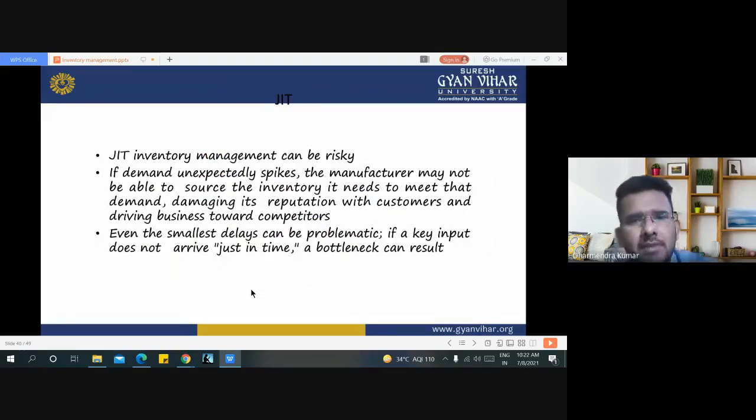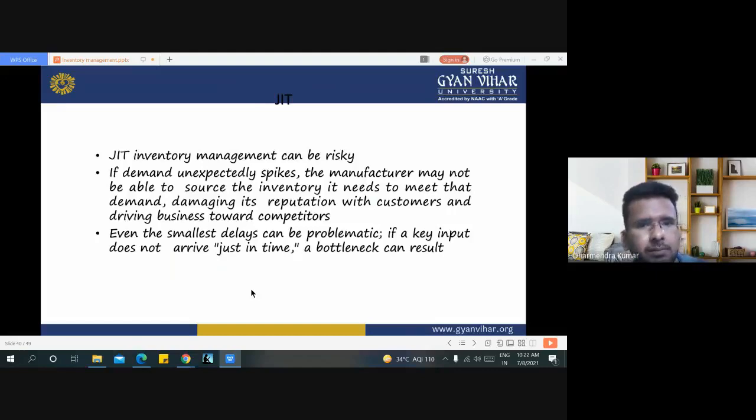So just in time inventory management can be risky because sometimes, if we are talking about only minimum order quantity, then due to some unforeseen circumstances our raw material stock would stock out in the near future.